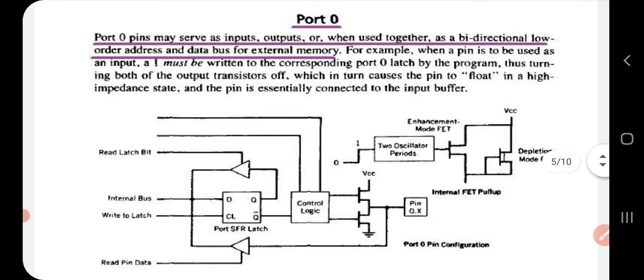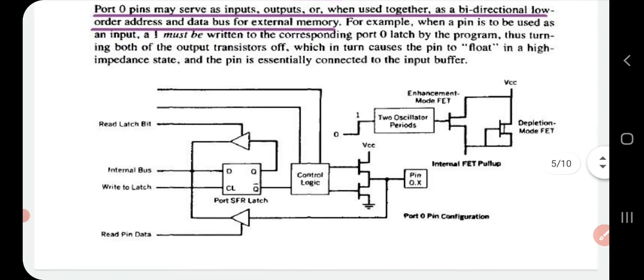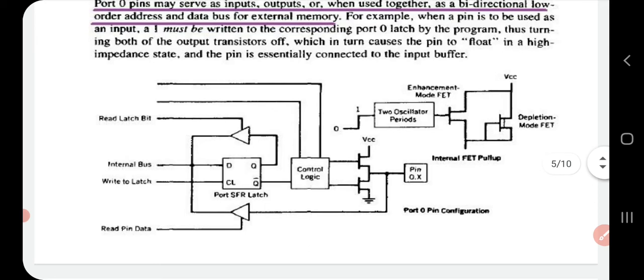For example, when a pin is to be used as an input, both the transistors shown in the circuit will be switched off, and this will cause the pin to enter the float state, that is, the high impedance state. So this is the port 0 pin configuration, the circuit diagram for port 0.